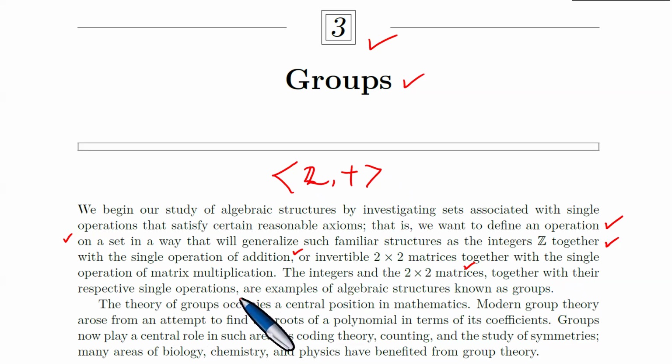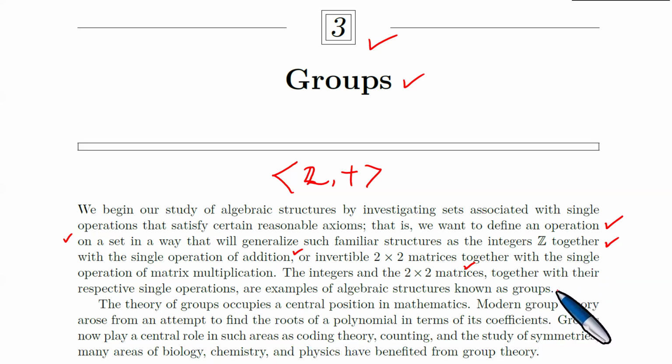So this becomes so important. We shall be looking at the groups that this book highlights, the groups that involve matrices and the operation of matrix multiplication. The integers and the 2x2 matrices, together with their respective single operations, are examples of algebraic structures known as groups.